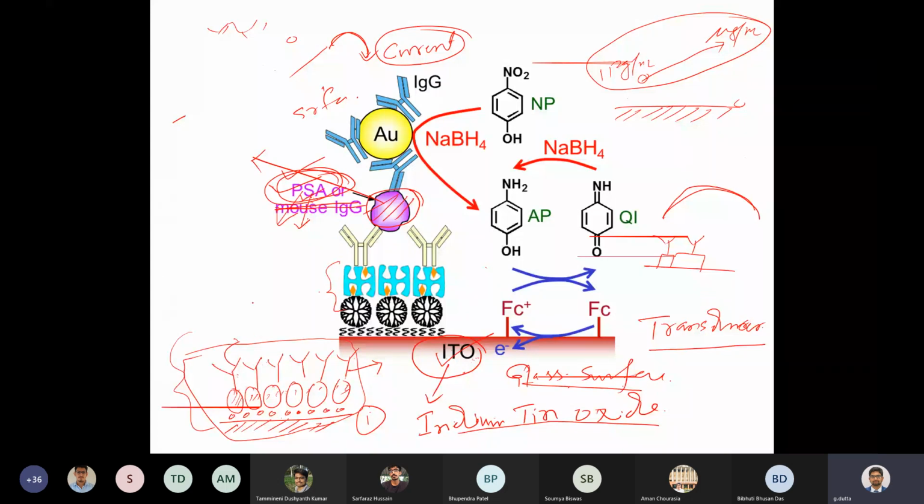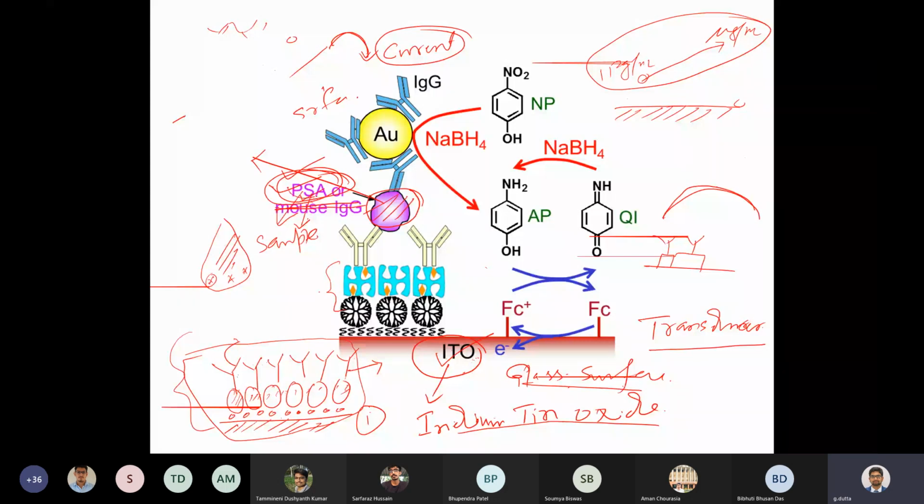Now you will drop the sample on your sensor surface. If the sample contains your target, what is your target here? PSA, prostate-specific antigen, is your target.